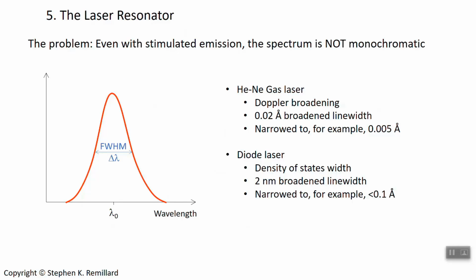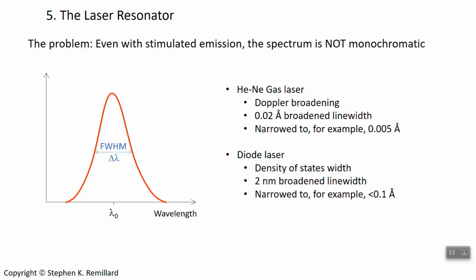The problem that we have is that whether it's a gas laser or a diode laser, the line widths are broad. That is, you expect only one wavelength to be coming out when you have stimulated emission, but in fact, due to Doppler broadening, you have a width of line widths coming out. In the case of the helium-neon gas laser, it's about 1.5 gigahertz wide, 0.02 angstroms wide.